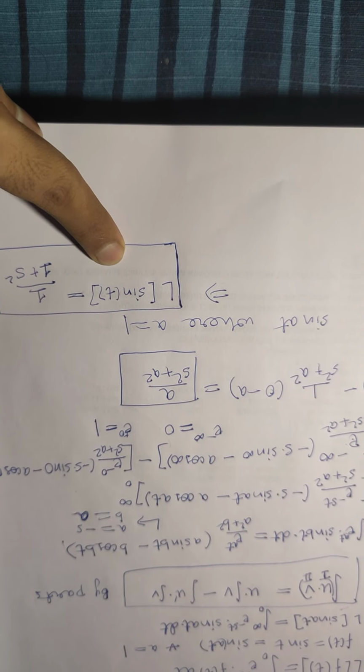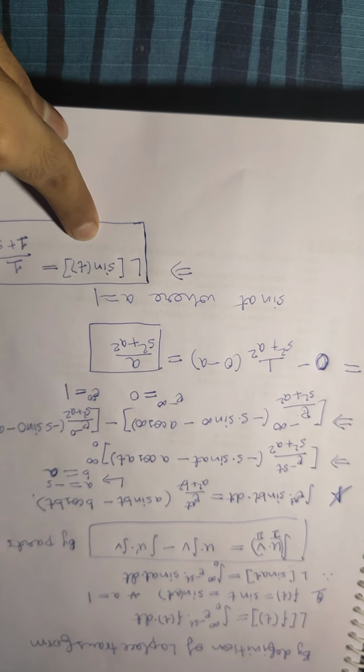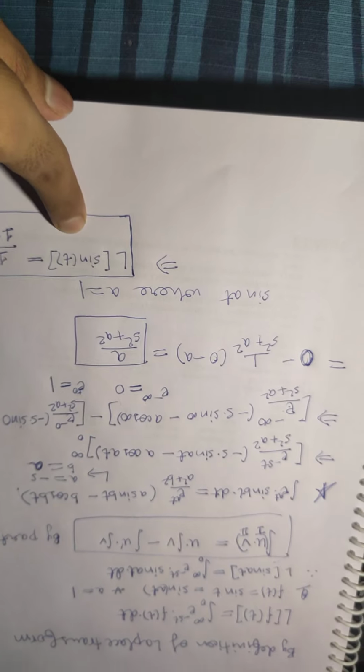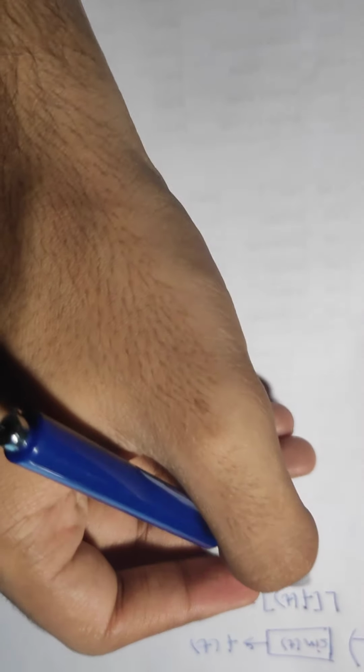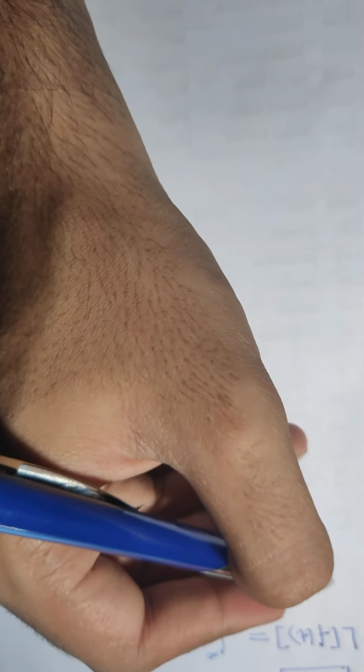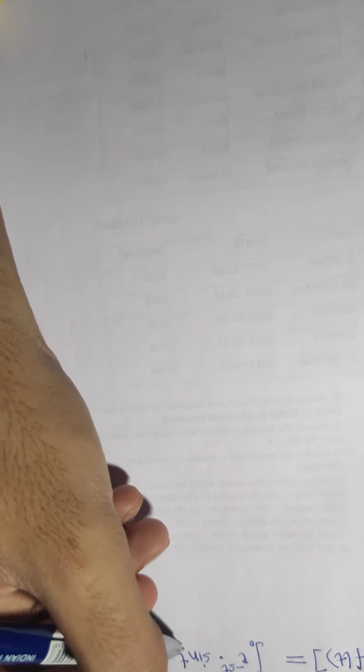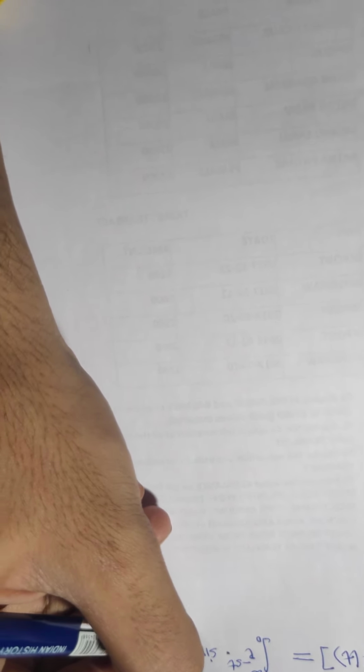And should I be given a minute, I will try to expand it using the by parts formula. So right, we're back here, just to expand it using the by parts rule. And so what we can do is we can take sine t to be the first function, and the exponent to be the second function, right?